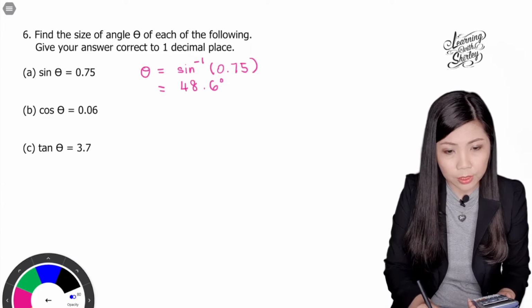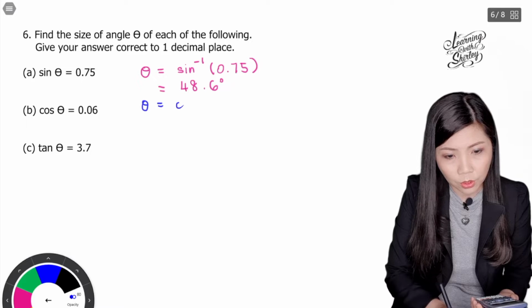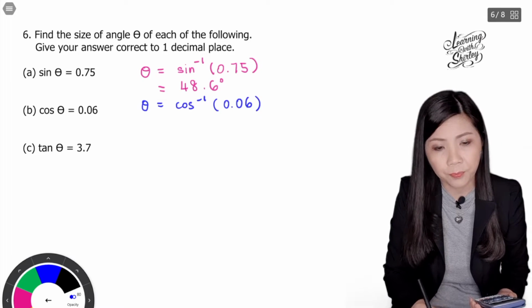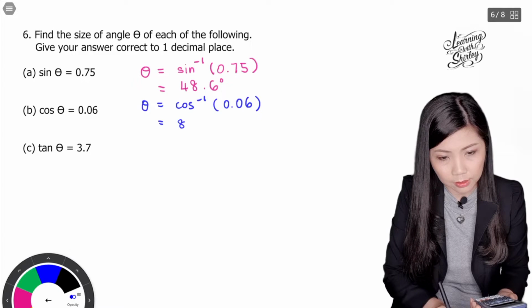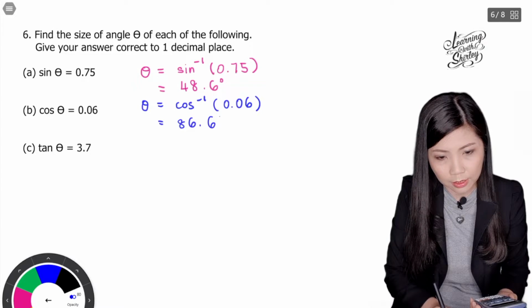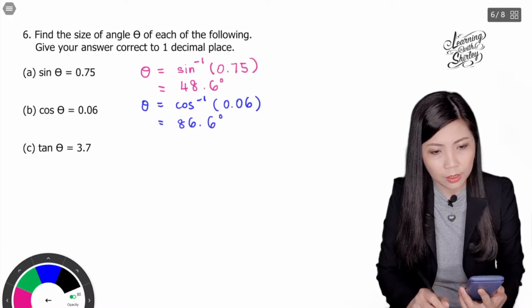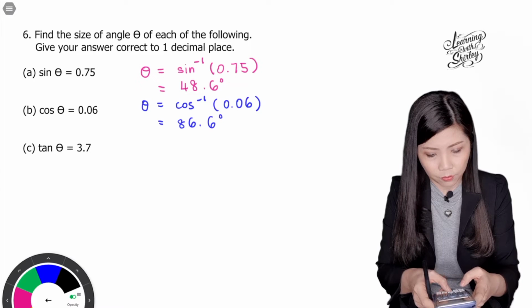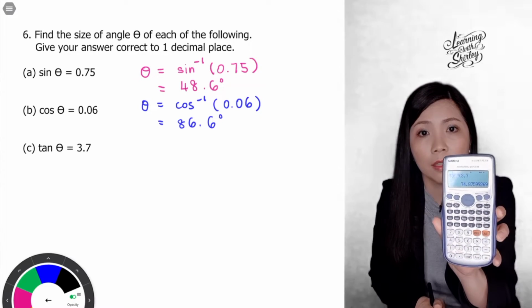So the working is theta equals cos -1 of 0.06, which equals 86.6 degrees. And next is tangent theta, so shift tangent of 3.7. The answer is 74.9.